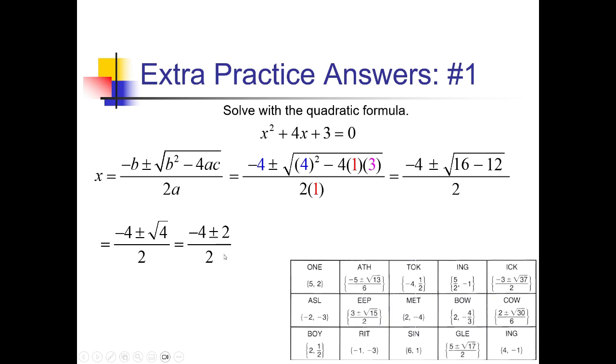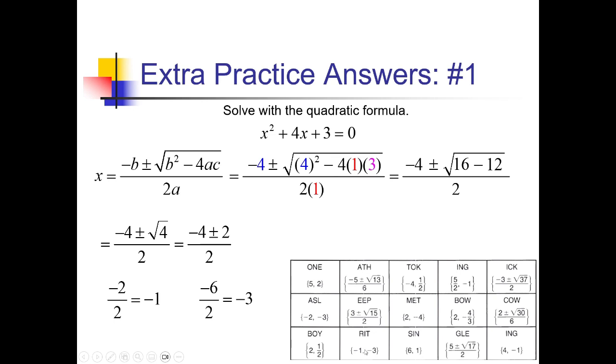And now we have to go ahead and simplify this. So we get 2 branches on here. We have negative 4 plus 2 over 2, so that's going to be negative 2 over 2, which is negative 1. And we also end up with negative 4 minus 2, which is negative 6 over 2. And that reduces to negative 3. So we're looking for negative 1 and negative 3 in our answer box here.